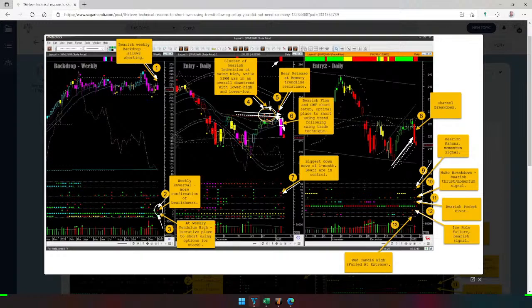We had one ice hole failure some time ago, 1 or 2 days ago, and also a red candle high or failed at extreme a few days ago. So there were several bearish signals earlier itself, here and here.